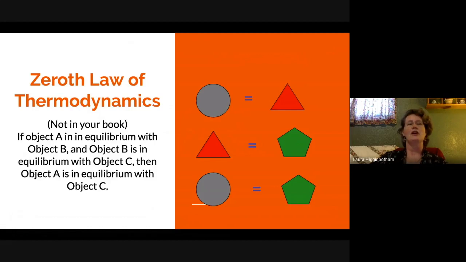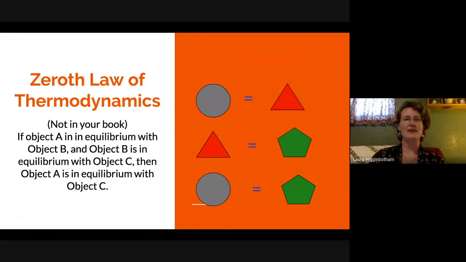Okay. So, object A, B, and C. You've got three objects on the screen: a circle, a triangle, and a pentagon. So let the circle be A, the triangle be B, and the pentagon be C. What the 0th law of thermodynamics means is that if A is in equilibrium with B, when we say equilibrium in terms of thermodynamics, we're talking about at the same temperature.